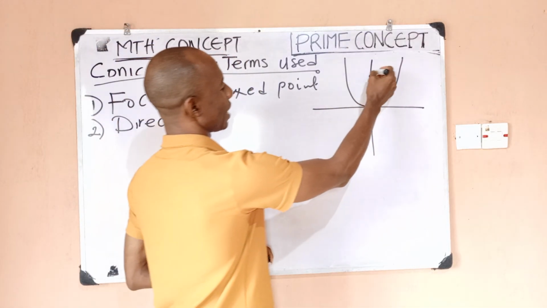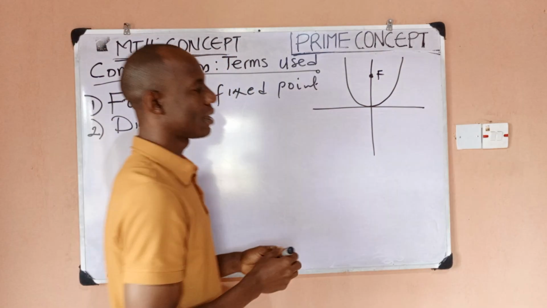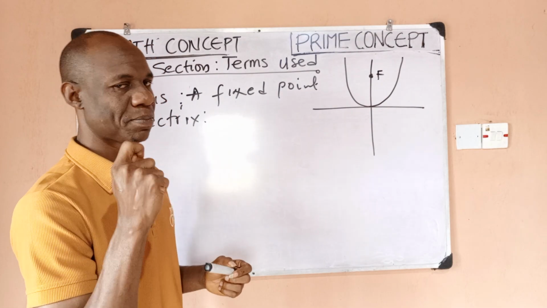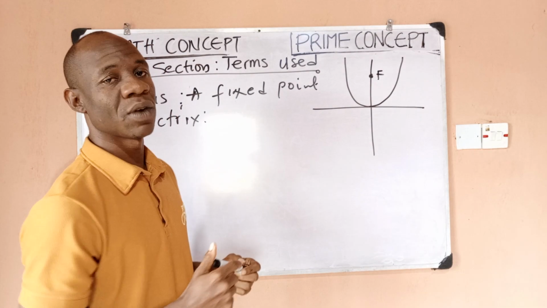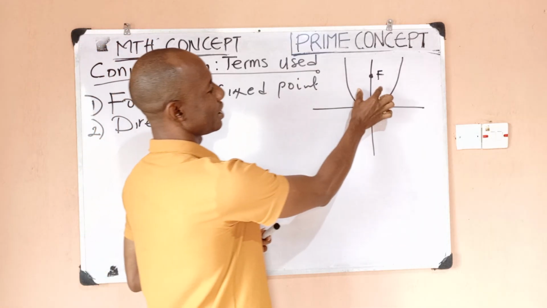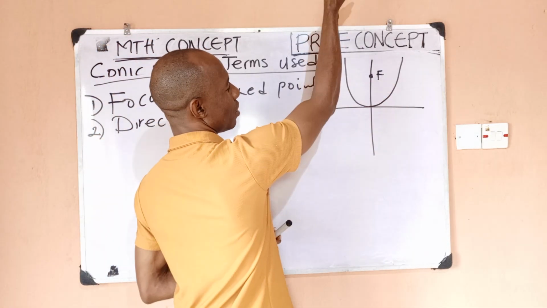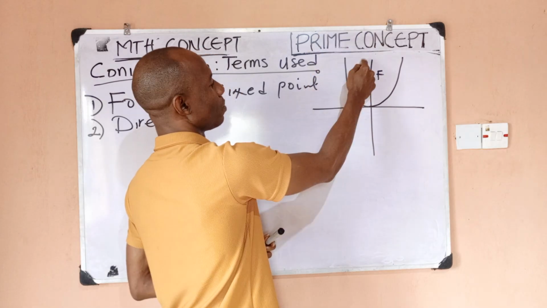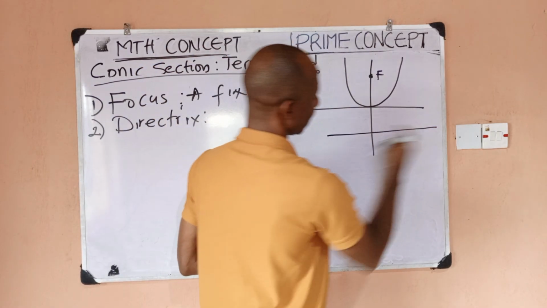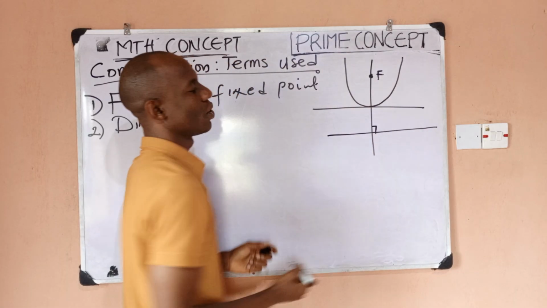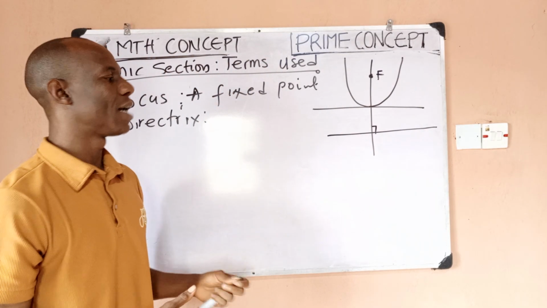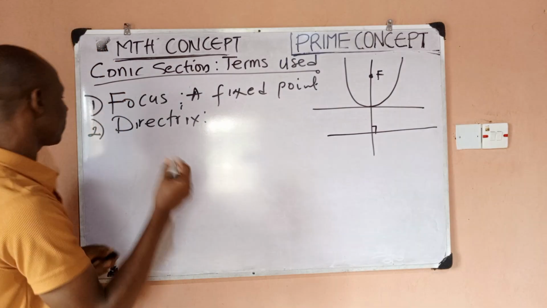So a point like this would be called the focus, right? Now, what is the directrix? The directrix is a line that is drawn perpendicular to the axis of that conic. Now, you notice that this parabola opens upwards, towards the positive y-axis. So my directrix is going to be a line like this that is perpendicular to the y-axis of that parabola, right? So that is a directrix, a line.